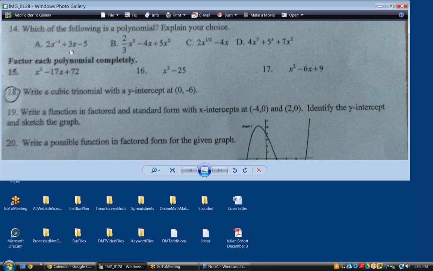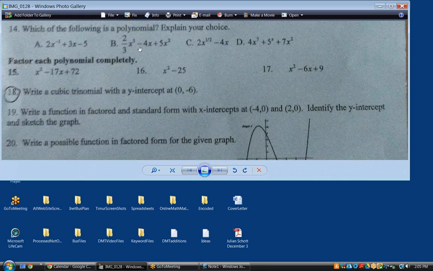In 14, which of those are polynomials? Let's see. It'll be A. No? To be a polynomial, you have to have a positive integer as an exponent. This has a -1, so it does not qualify as a polynomial.